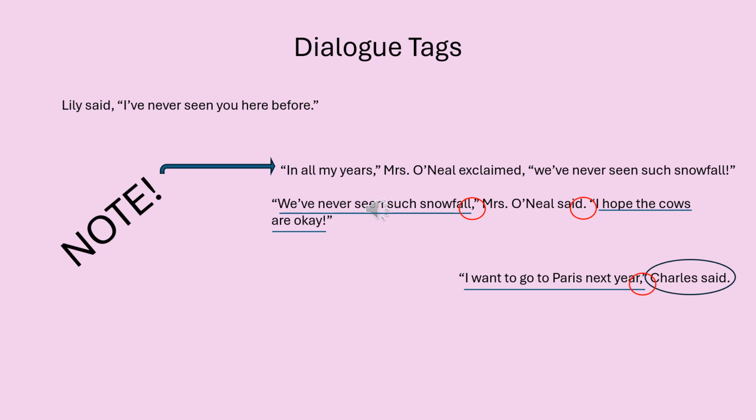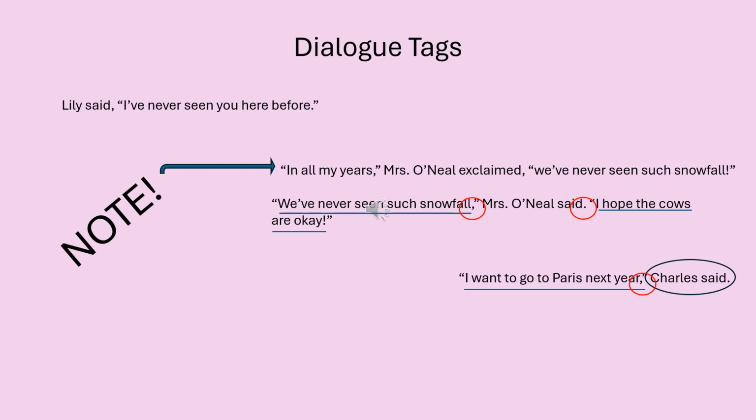You can connect it to the one after. You could say, "I've never seen such snowfall, period. Mrs. O'Neill said, comma, I hope the cows are okay," which is how you would connect it to the second one. It doesn't really matter too much which one you connect it to when you're just using something like said.